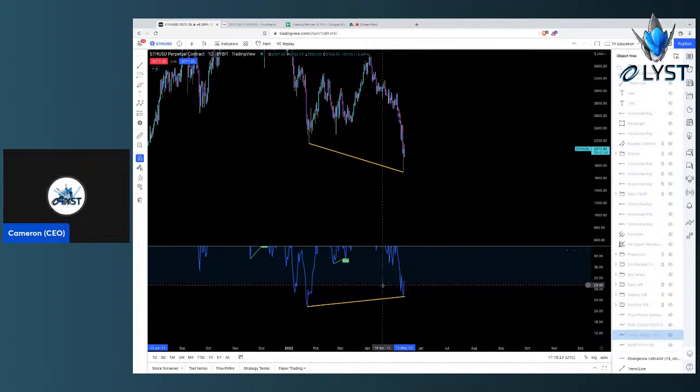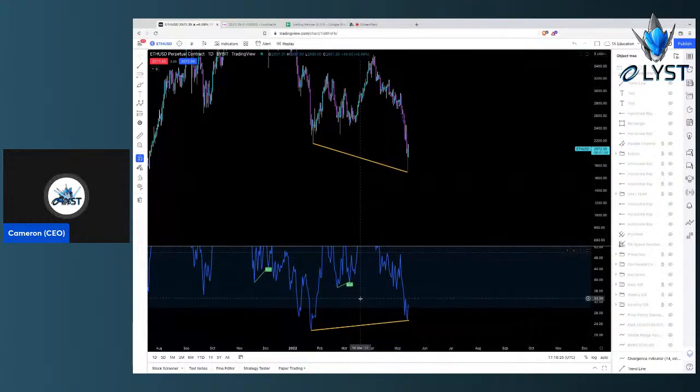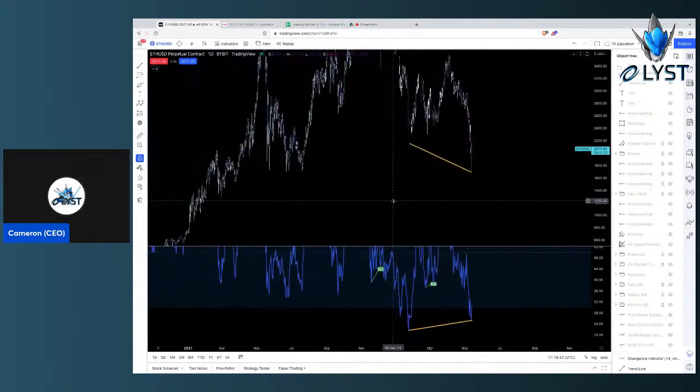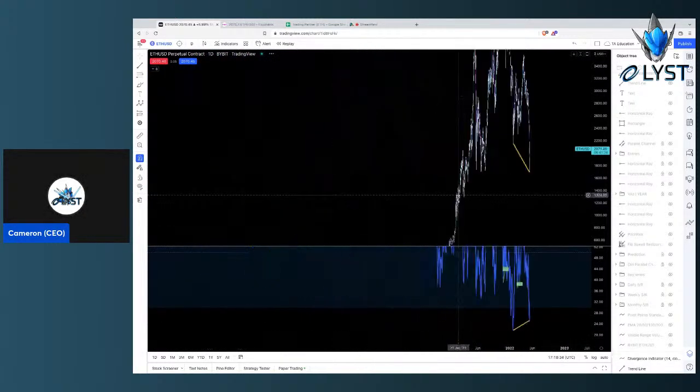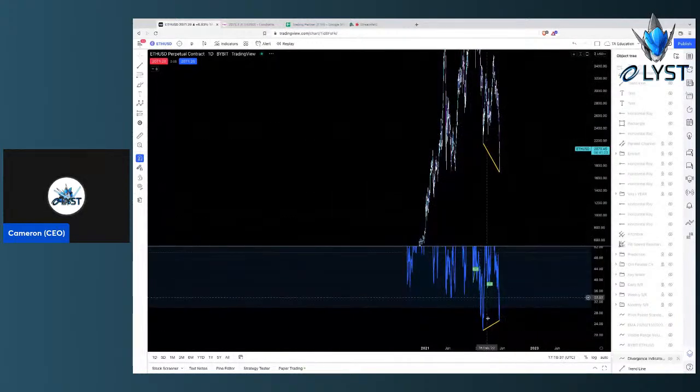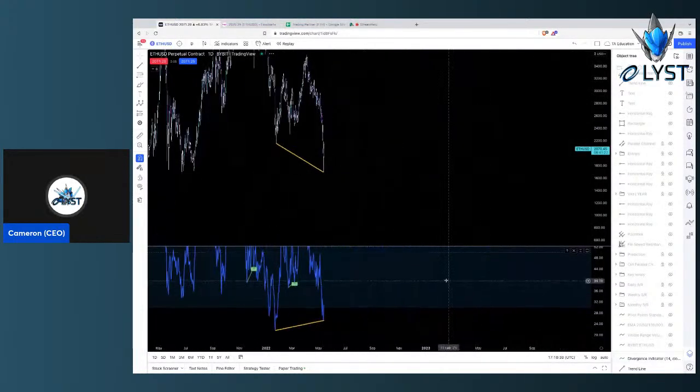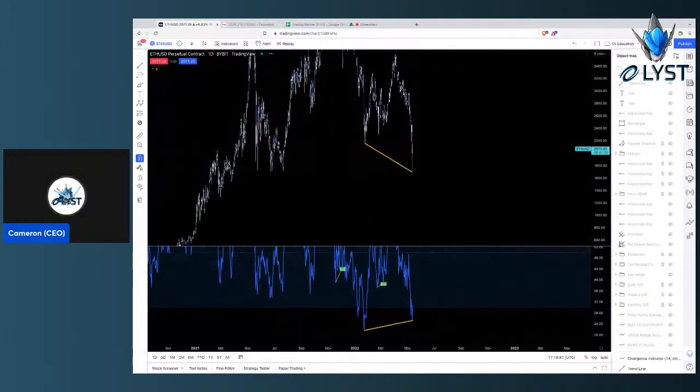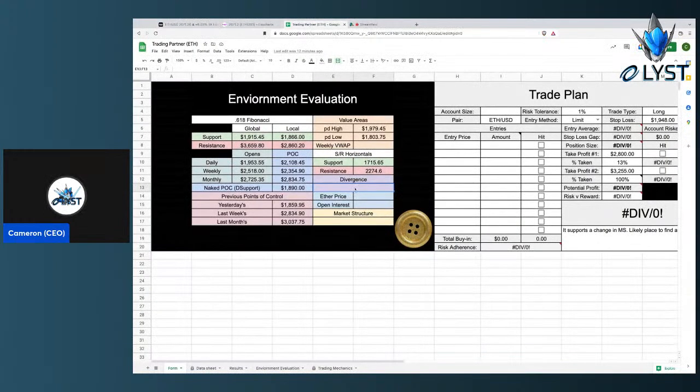So this is a hidden bullish divergence. I mean, it for sure is, right? So we have a divergence. I just got confused on if I was calling it a standard or a hidden. But either way, we have a divergence. It's very clear that this is going down lower and this is increasing. So that would be a sign. Let's put it on our thing. As far as divergence, it would actually be a hidden bull.